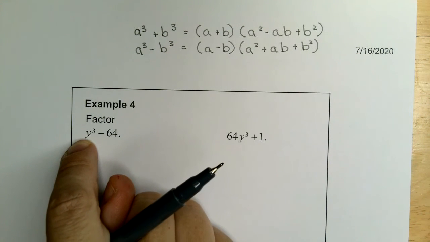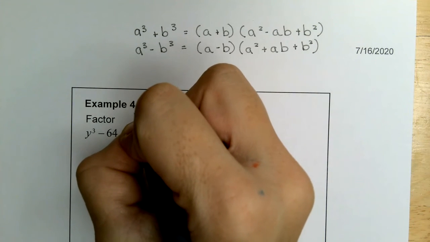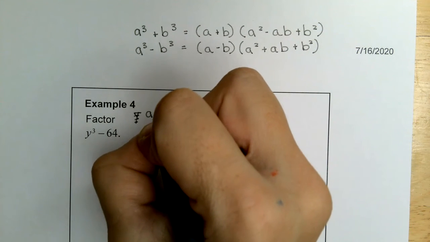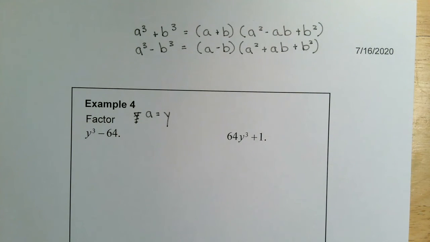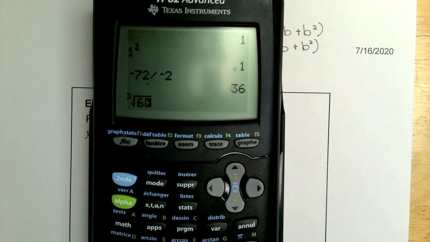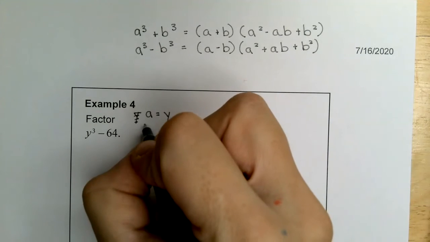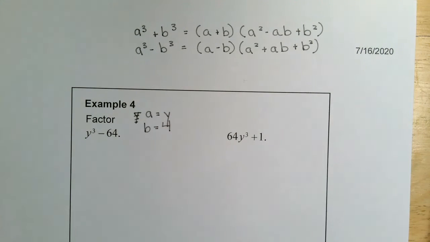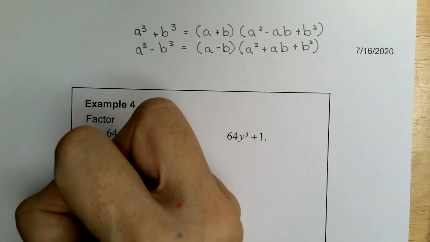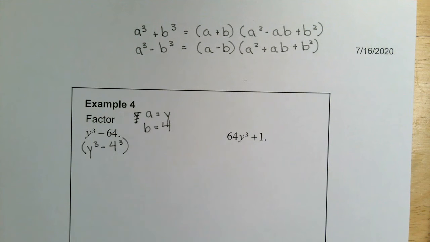So we're going to be using this if it is two cubes. The cube root of y to the third is y. So we're going to say a is y. The cube root of 64 is 4, because 4 to the third is 64, or 4 times 4 times 4 is 64, right? So a is y, b is 4. So this becomes y to the third minus 4 to the third, right?